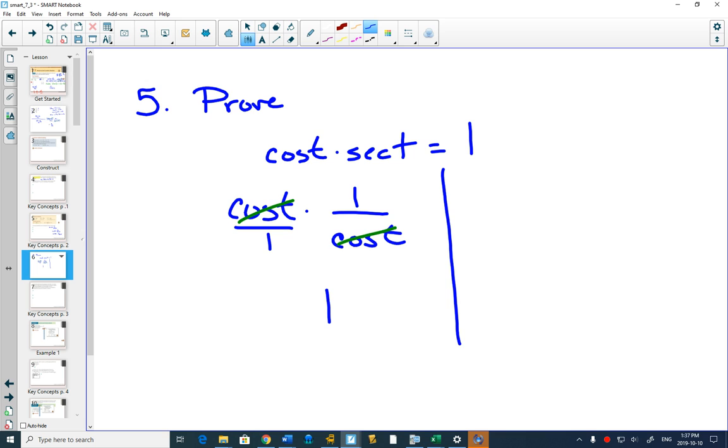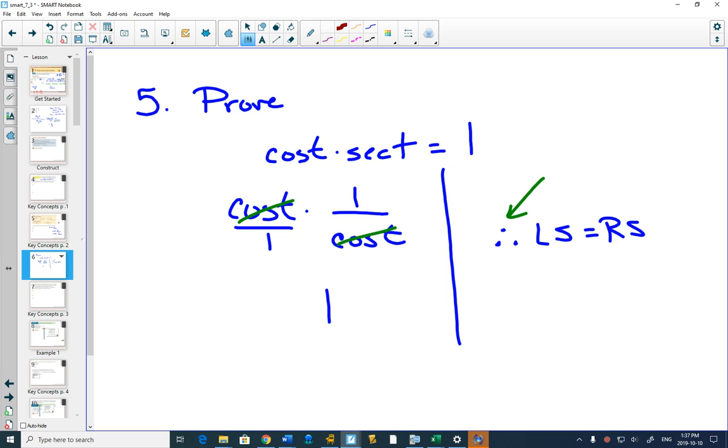After that, you simplify either one side or both sides until they are the same. In this case, we change secant to 1 over cos. It simplified to 1, and now both sides are identical. So we write a statement that the left side is equal to the right side.